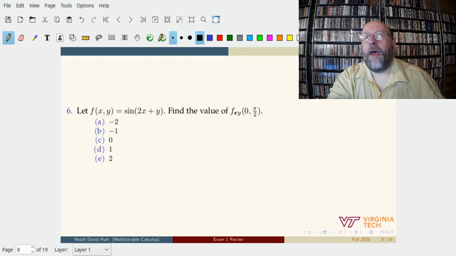Find the value of f sub x sub y at 0, pi over 2. This is a second partial derivative. So we need to find f sub x first.